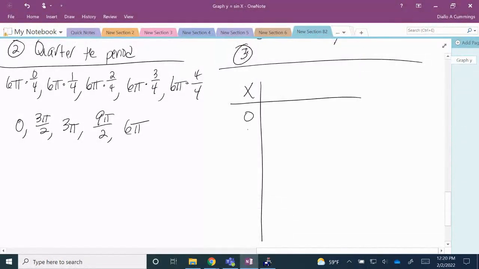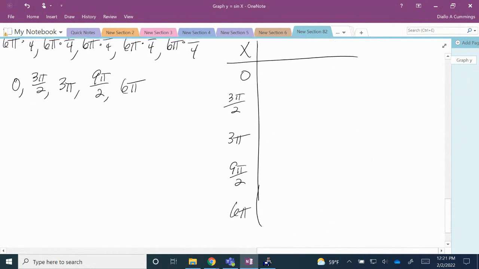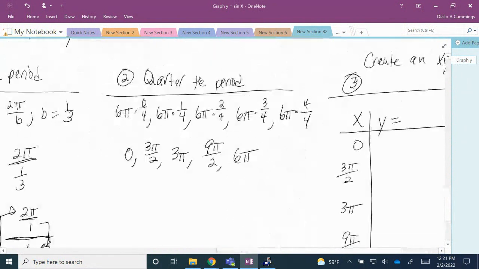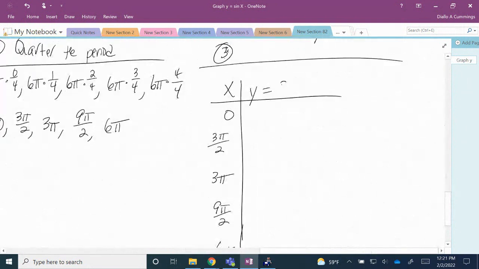We have 0, 3 pi over 2, 3 pi, 9 pi over 2, and 1 complete revolution at 6 pi. Now our y values are going to equal 3 times the sine of 1/3 x.